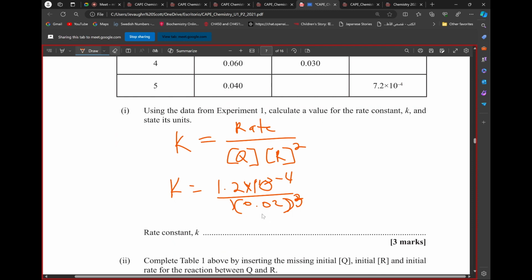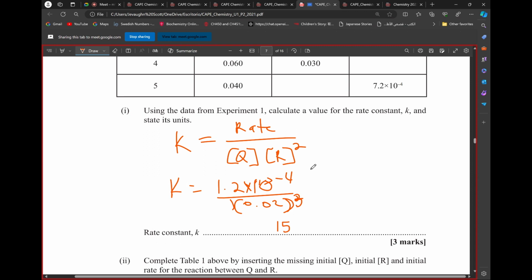The answer should be 15. Cube what? The denominator. Are we seeing the screen? I wrote the 3 on the screen.